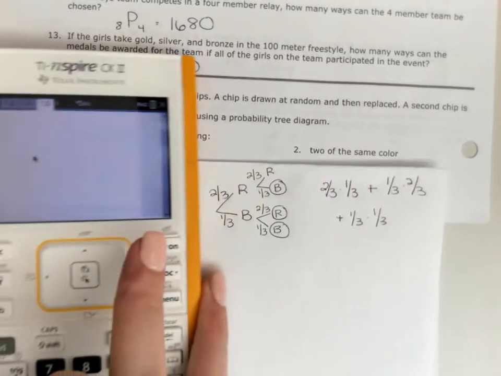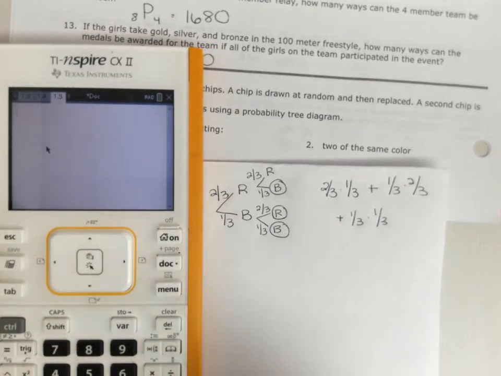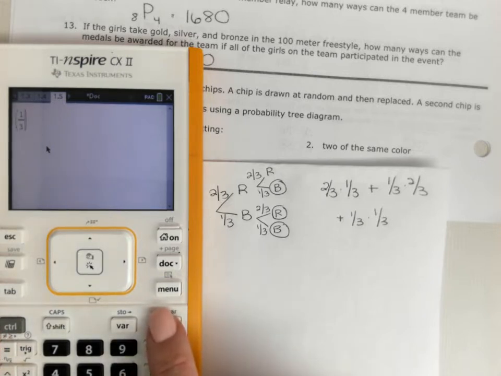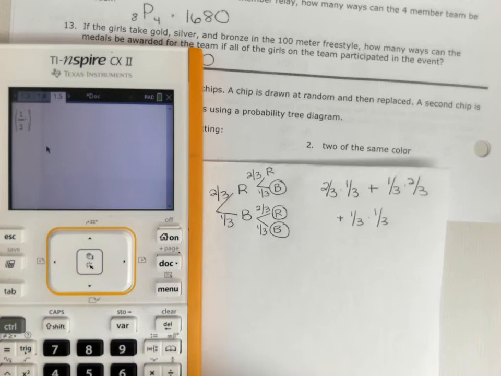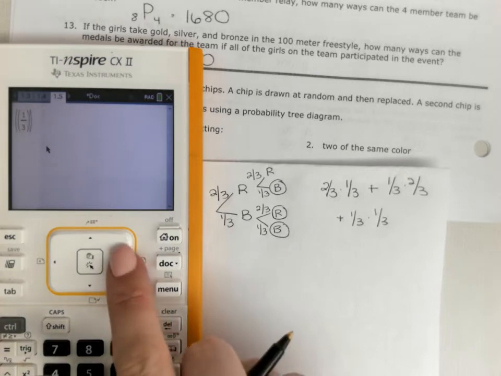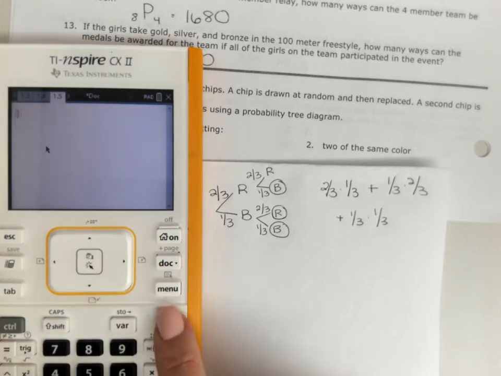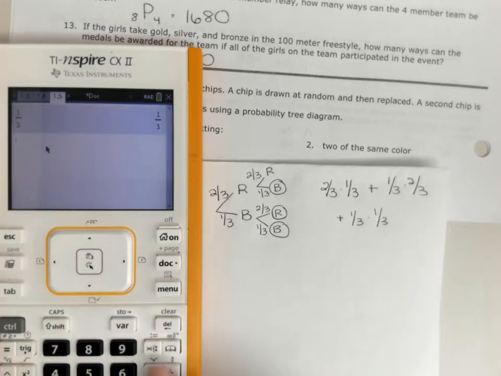So I'm doing 1 divided by 3 times 2 divided by 3.